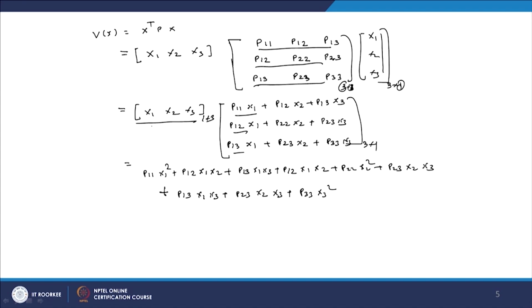See here, we have multiplied this with this and got these results, and now we can add the elements. After adding all these elements, what will we get?